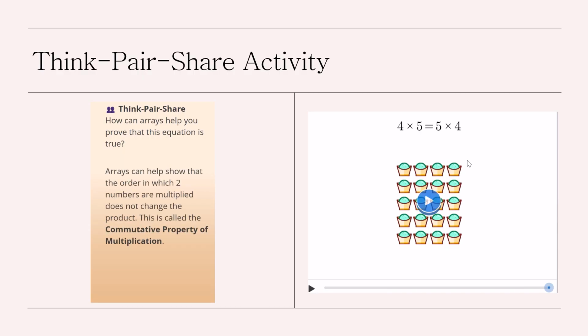It teaches them that arrays can show that the order in which two numbers are multiplied does not change the product. This is called the commutative property of multiplication. Some pages are really just about teaching the concept, and this is what I call a page where they're learning or discussing the concept with a partner.